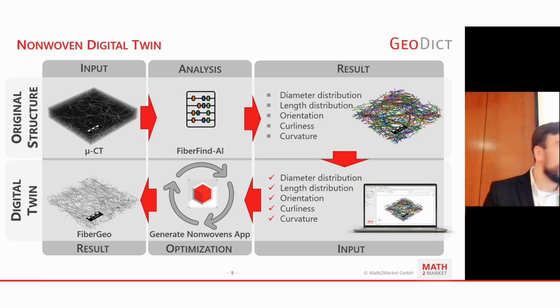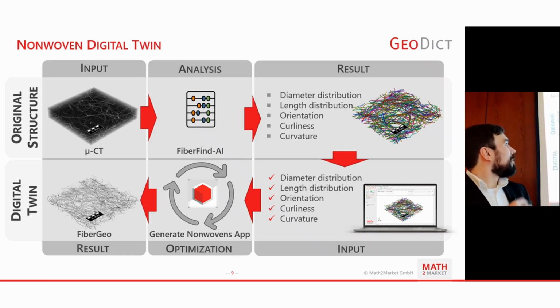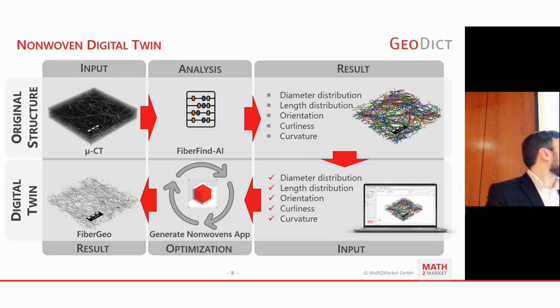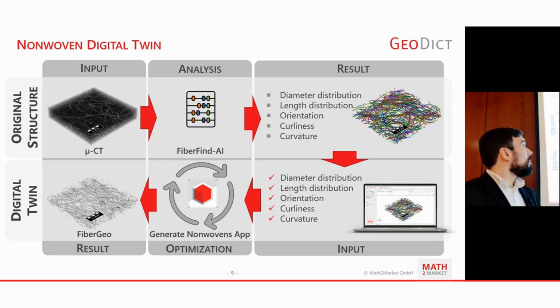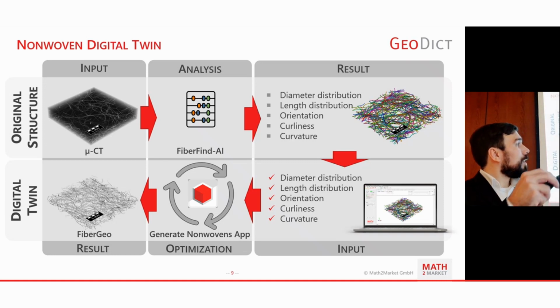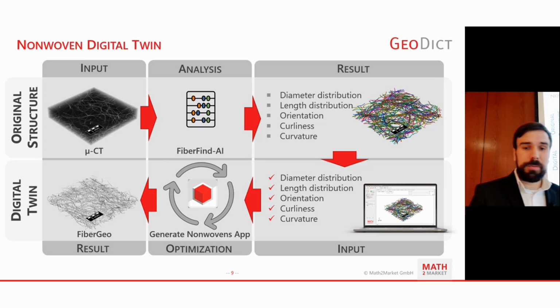So I have that now visualized in this nice slide, though I will probably forget half the things I wanted to say about it. But basically, you can see here the whole loop of creating a digital twin. We start from the CT, we do all the analysis with FiberFind, MatDict, and so on. We get a range of results, and these are then again inputs for our non-wovens digital twin app.